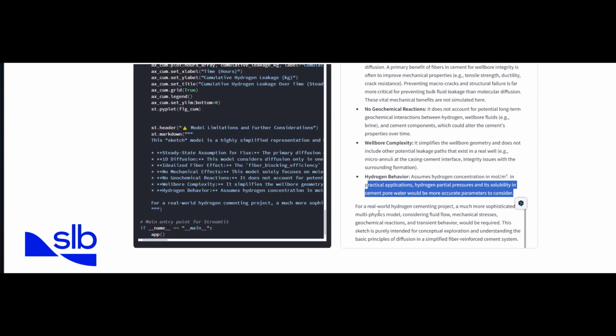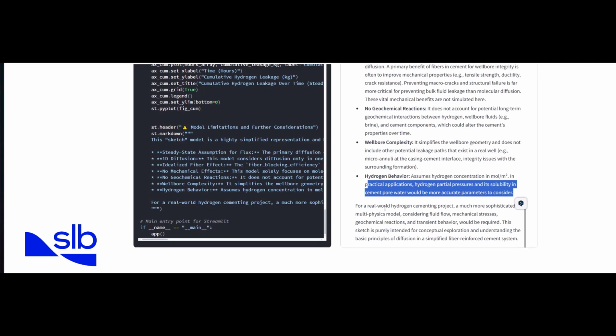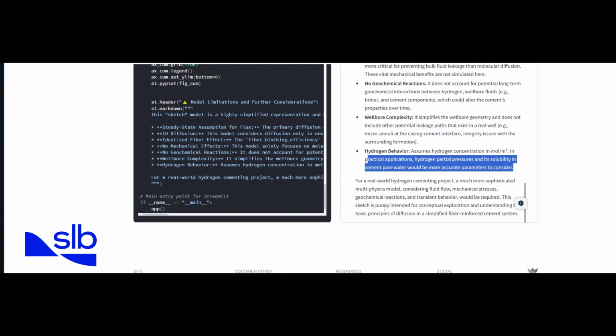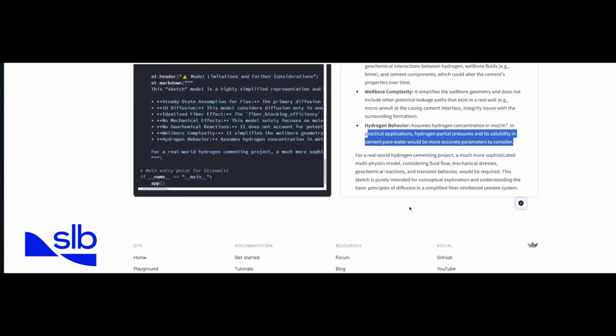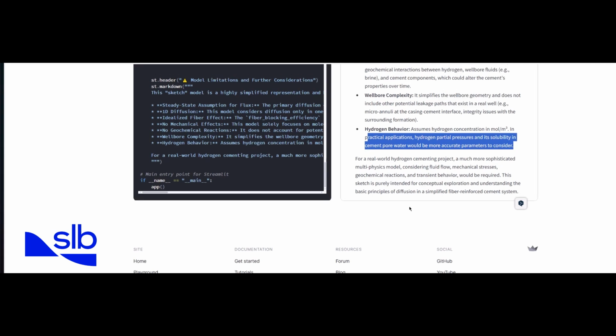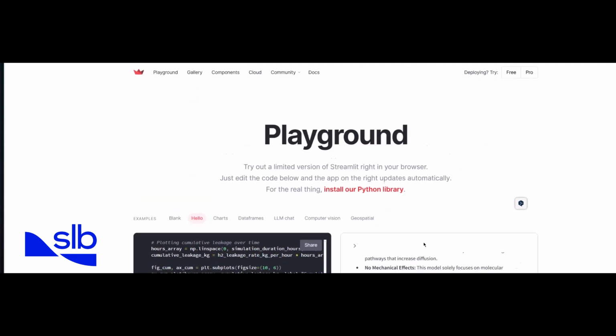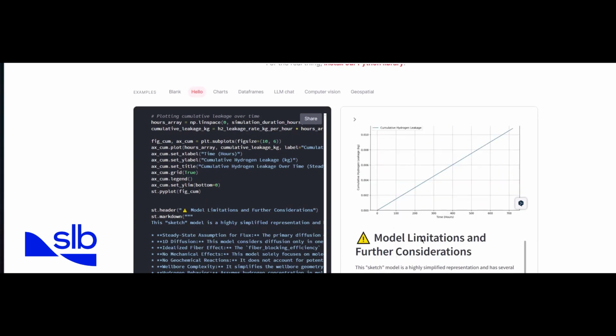For a real-world hydrogen cementing project, a much more sophisticated multiphysics model is needed, considering fluid mechanics, stress, geomechanical reaction, and transient behavior. This sketch is purely intended for a first phase of exploration, understanding the basic principle and evaluating the cost of an eventual project.